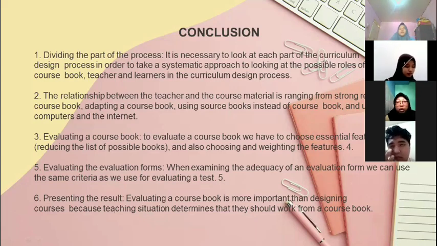The relationship between the teacher and the course material ranges from strong reliance on a course book, adapting a course book, using source books instead of a course book, and using computers and the internet. To evaluate a course book, we have to choose essential features or reduce the list of possible books, and also choose and weight the features. And then evaluating the evaluation forms.